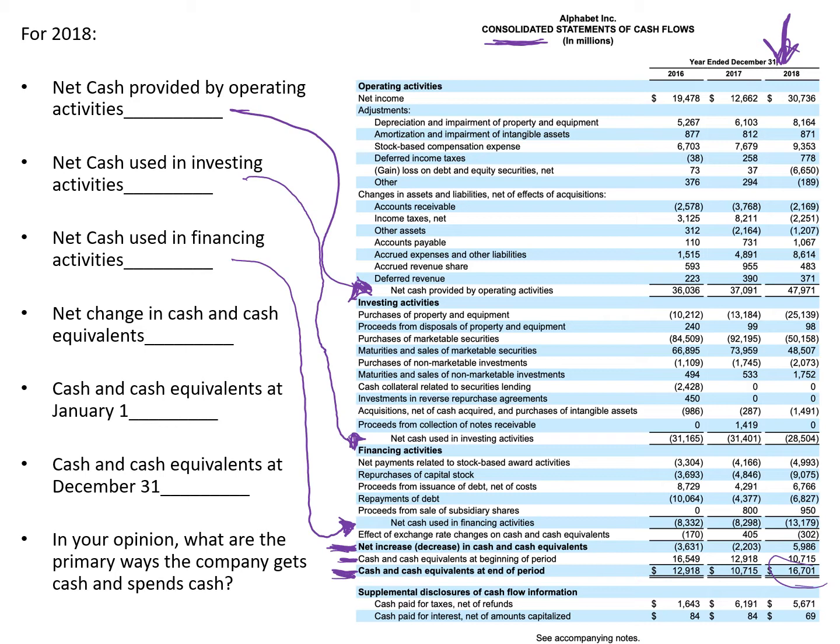What's interesting about this cash flow statement, if you look at operations, is what the biggest numbers are. Well, there's big numbers for depreciation, a large expense, and remember, depreciation is a non-cash expense.